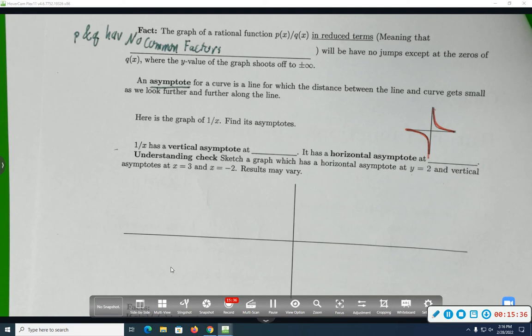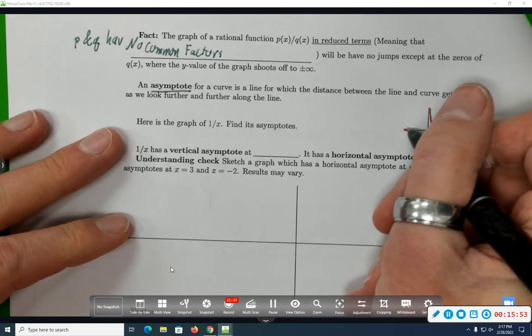X equals 0 or y equals 0? Y equals 0 will do. It's a trick question though, the correct answer would have been either. So y equals 0 is an asymptote.